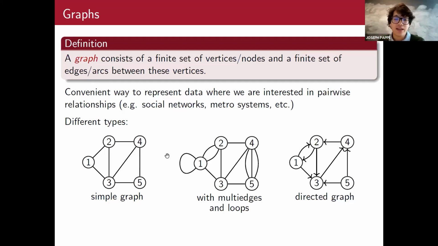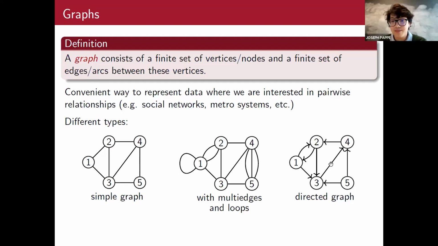Then we could add multi-edges and loops. A multi-edge just means that between any two vertices, we allow for multiple edges between the vertices. Maybe this would be the setting of a metro system, or cities where there could be multiple routes between two different locations. And then a loop is just an edge from a vertex back to itself.